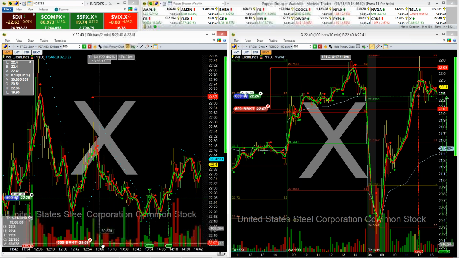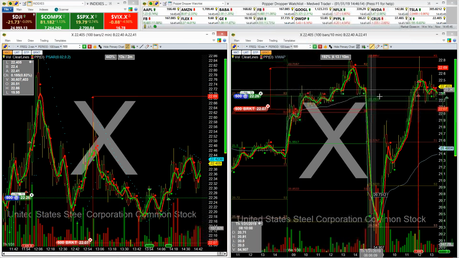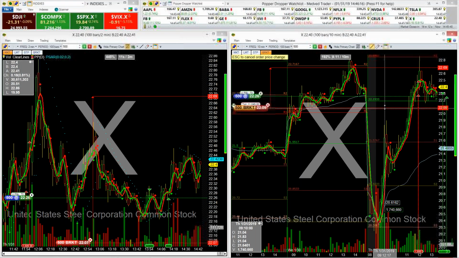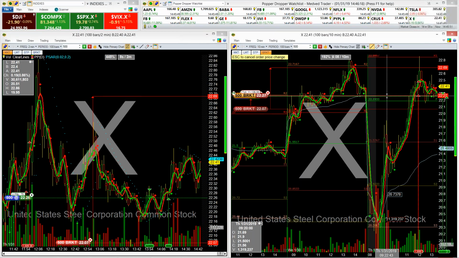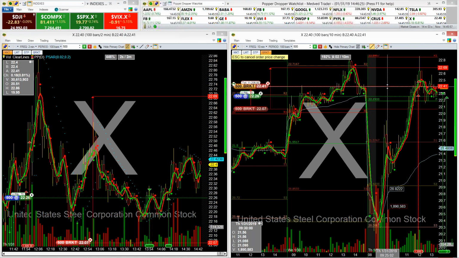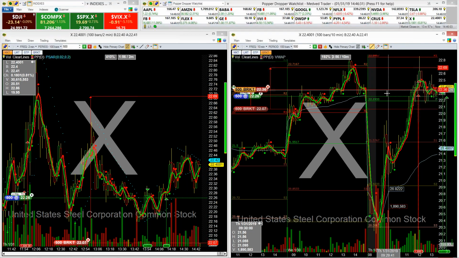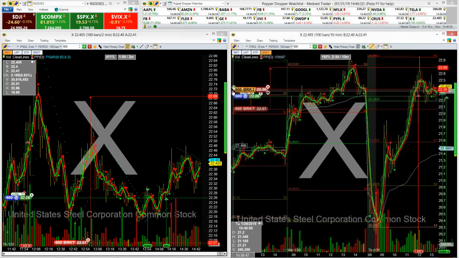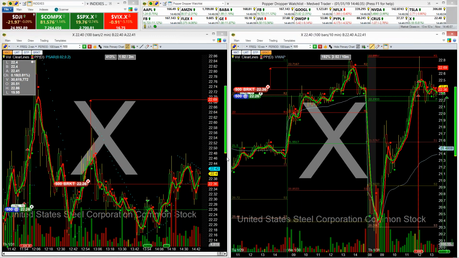We should probably move it up to at least break even and maybe even into a little bit of profit. Where's the current price? 2240. There we go. We'll protect a little bit of profit there.